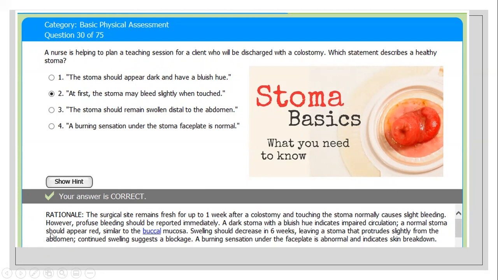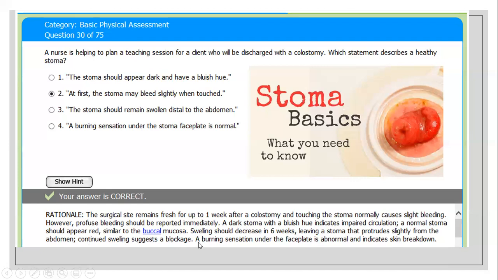A normal stoma should appear red, like buccal mucosa. Swelling should decrease in six weeks, leaving a stoma that protrudes slightly from the abdomen, and continued swelling suggests a blockage.